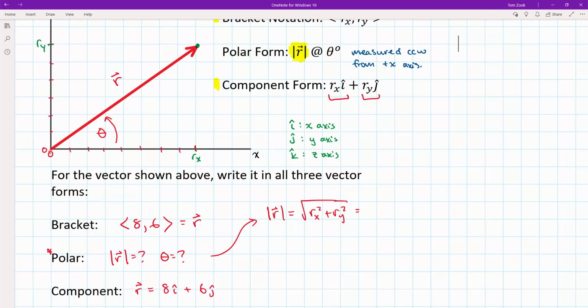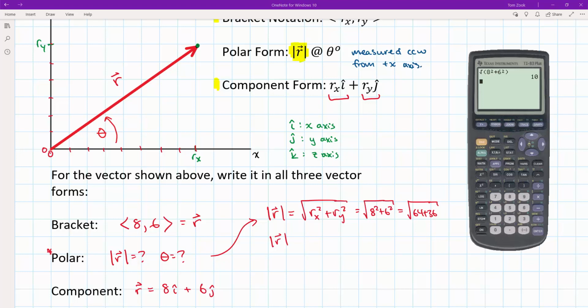So in this case, the magnitude is going to be 8 squared plus 6 squared, which is, of course, 64 plus 36, which is some number off the top of my head I don't know. So let's calculate and see what we get. Don't know why I couldn't figure that out in my head. It's 10. It's magical 10. It's a 3, 4, 5 Pythagorean triple. How could I forget that?